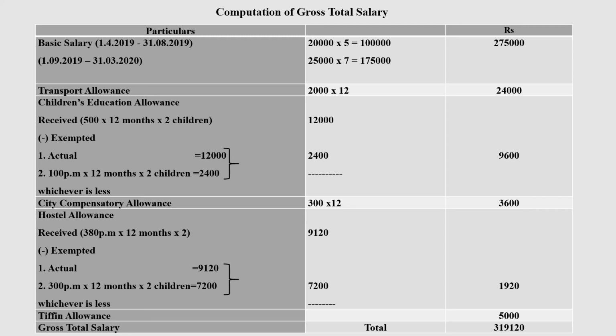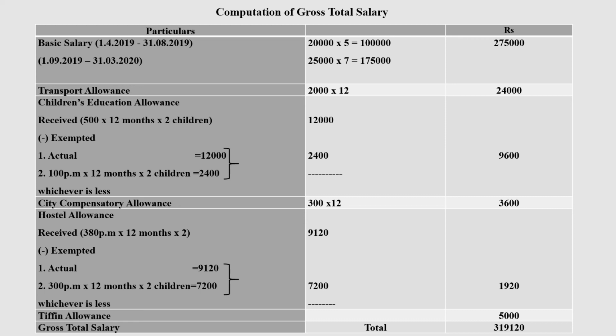One is the actual. Actual amount is again 12,000 that he is receiving. The second one is 100 rupees per month for 2 children is our exempted rate. So 100 into 12 into 2 children, that is 2,400. So 2,400 or 12,000, whichever is the least. 2,400 is the least. You take it to the outer column.